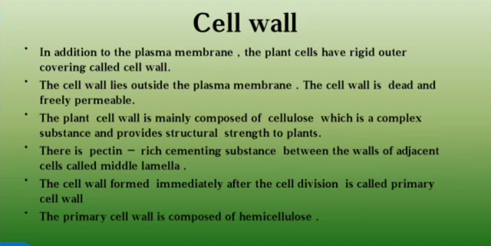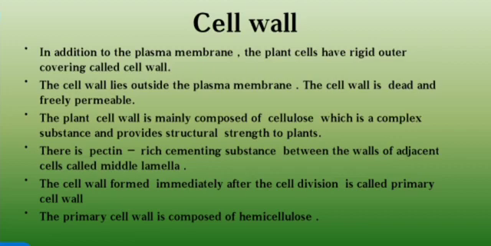Usually most of the plant cells will have only a primary cell wall, and the primary cell wall is composed of hemicellulose substances. Then some types of cells also possess an additional layer on the inner surface of the primary cell wall, and that layer is called the secondary cell wall.